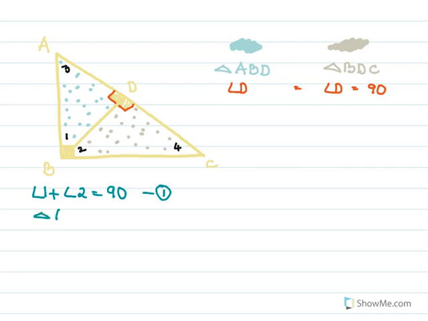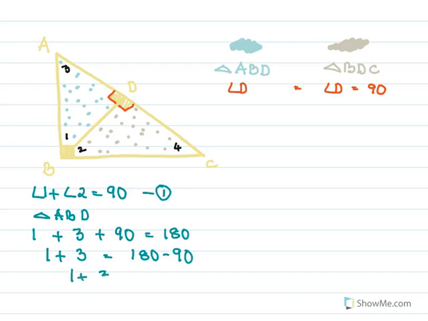Look at triangle ABD. In triangle ABD, here I have angle 1 plus angle 3 plus 90 is equal to 180. These are the three angles of that triangle. Therefore, angle 1 plus 3 equal to 180 minus 90, and angle 1 plus 3 equal to 90.